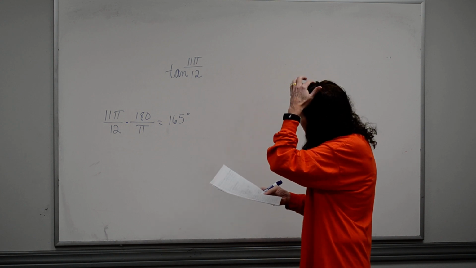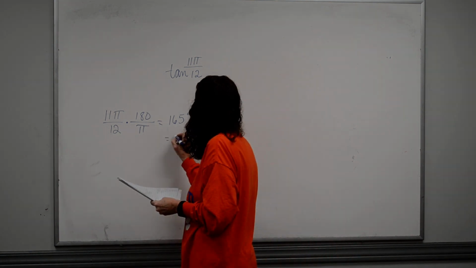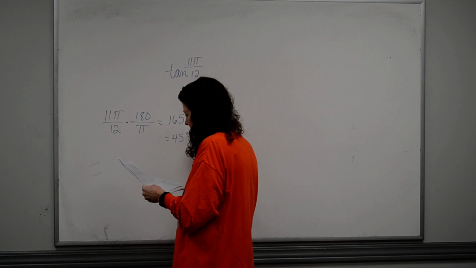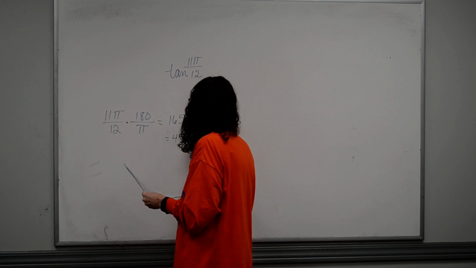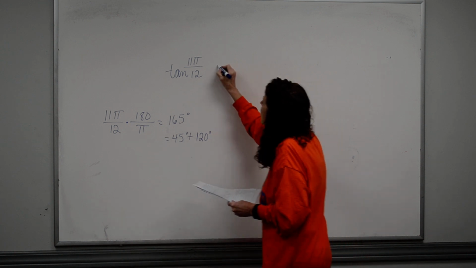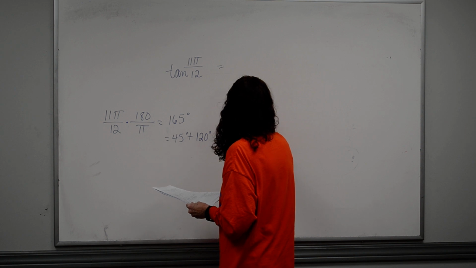So I would probably do, that's the same as 45 degrees plus 120 degrees, okay? Now, the tangent is a little bit different on the top, so I'm going to write it out here.